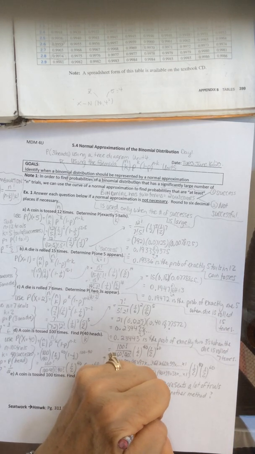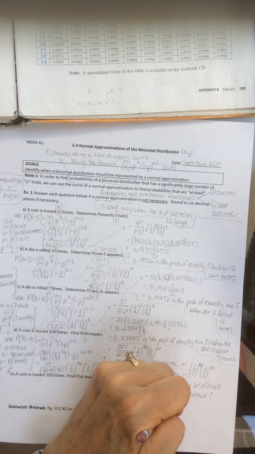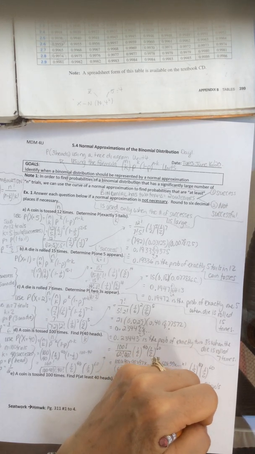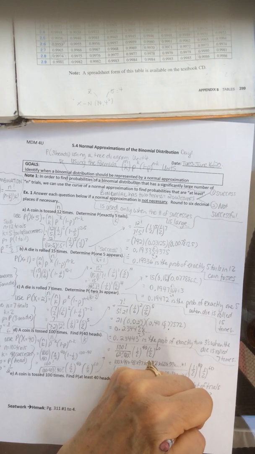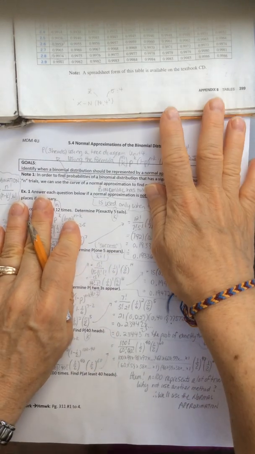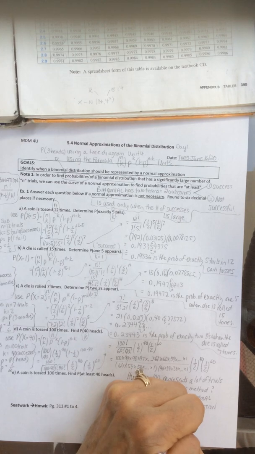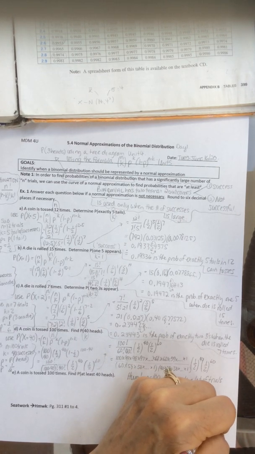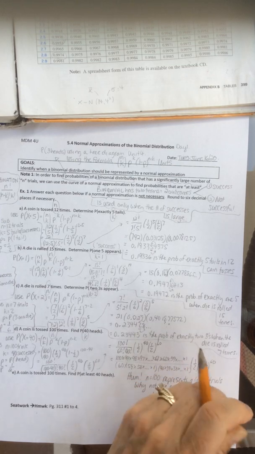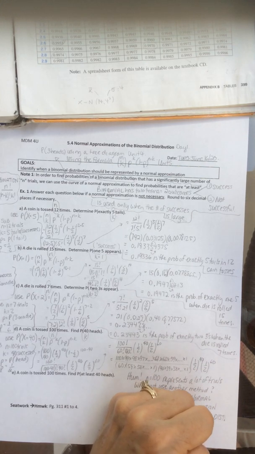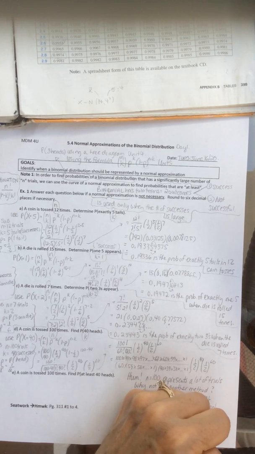That's where, therefore, we'll use the normal approximation of the binomial distribution in day 2 tomorrow.